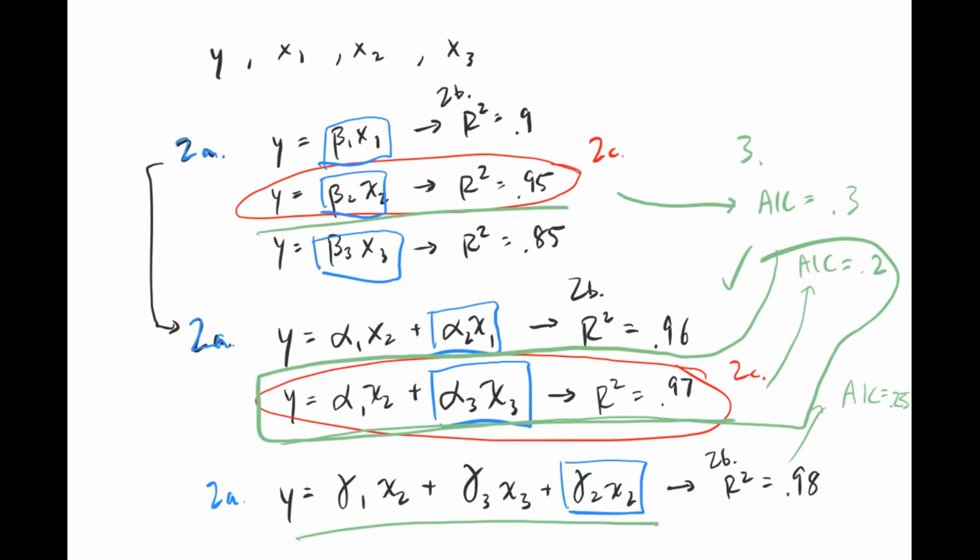And then you go back and look at your final model criteria selection via your AIC, BIC, or adjusted R squared, and pick the best one.